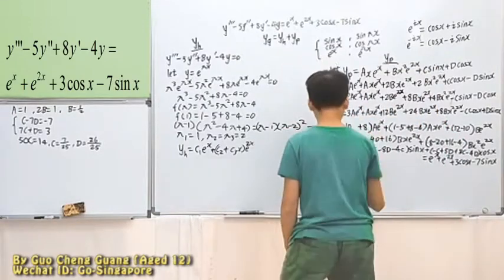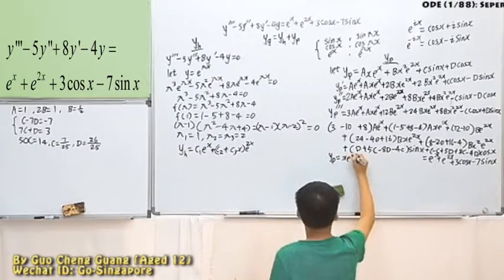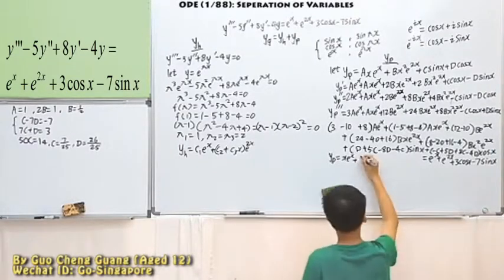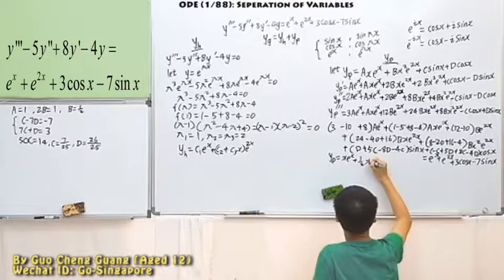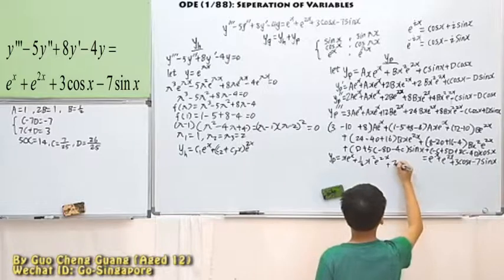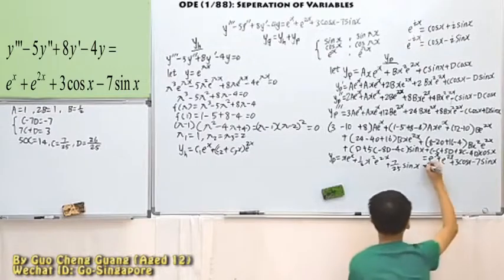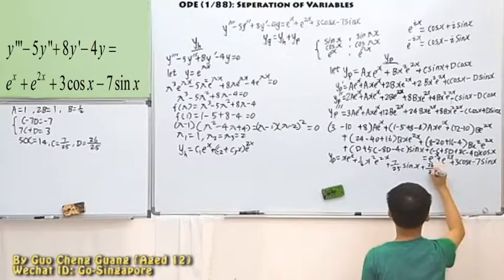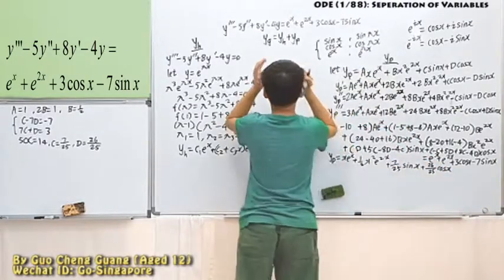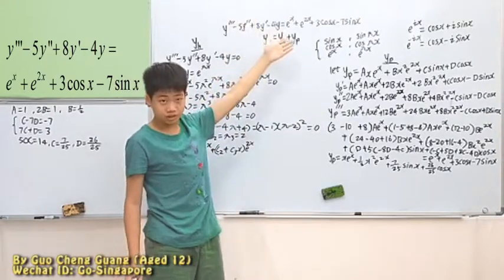So yp, a is 1, so it's x e to the power of x. b is a half, so it's half x squared e to the power of 2x. c is 7 over 25 sine x. d is 26 over 25, so it's cosine x.